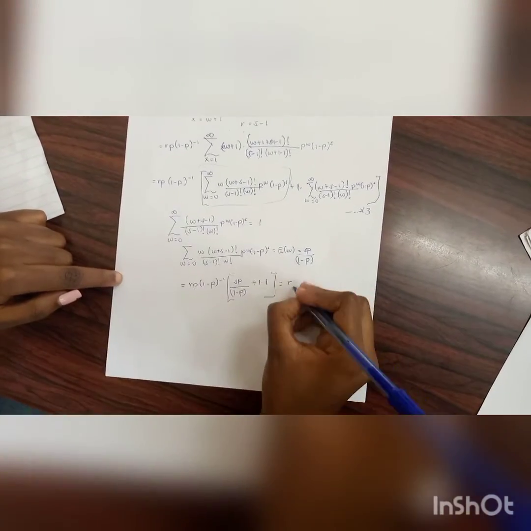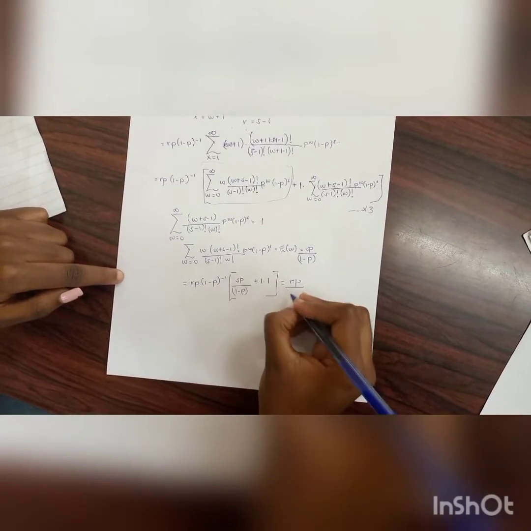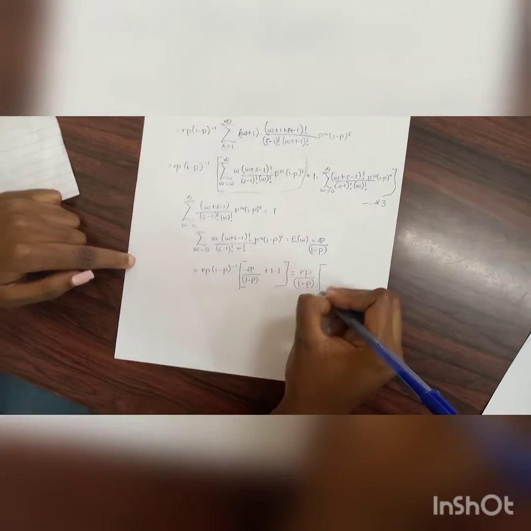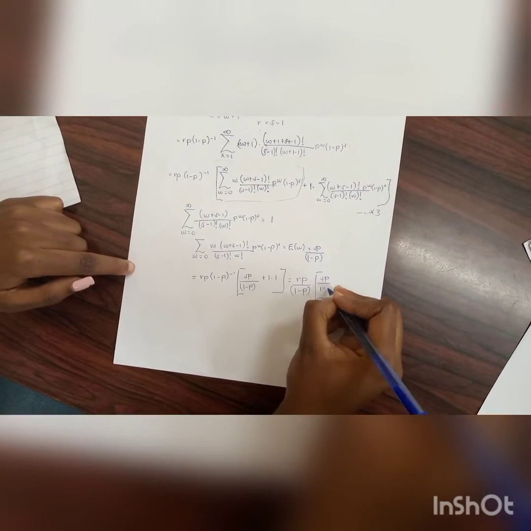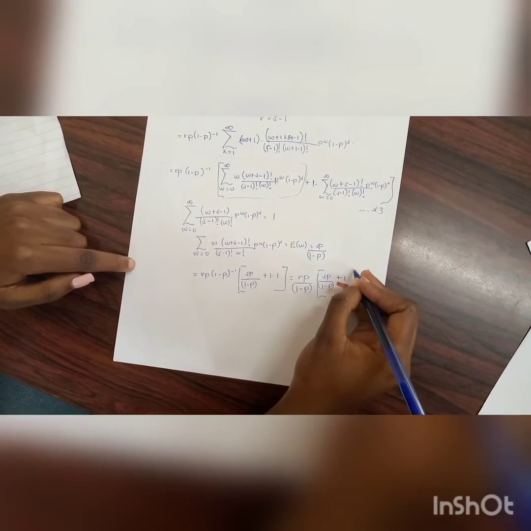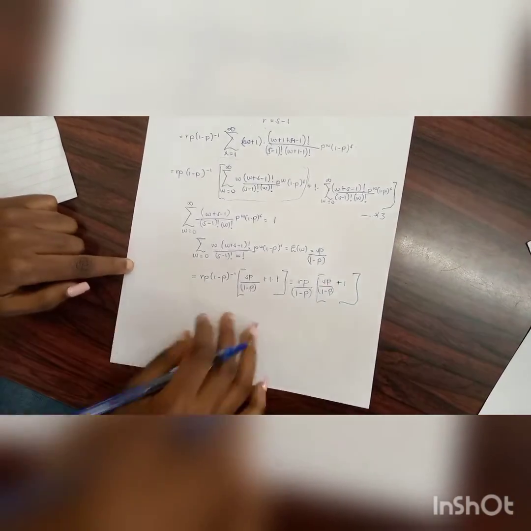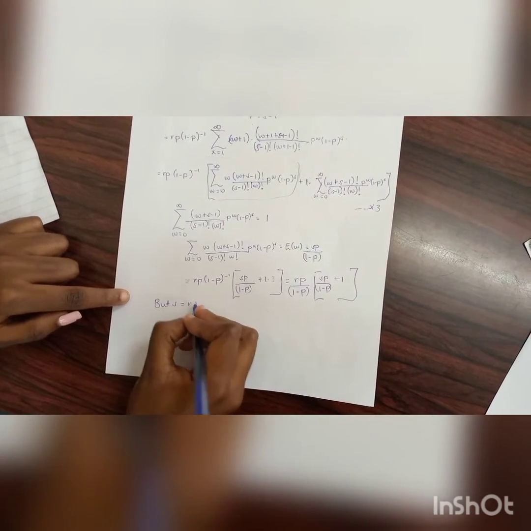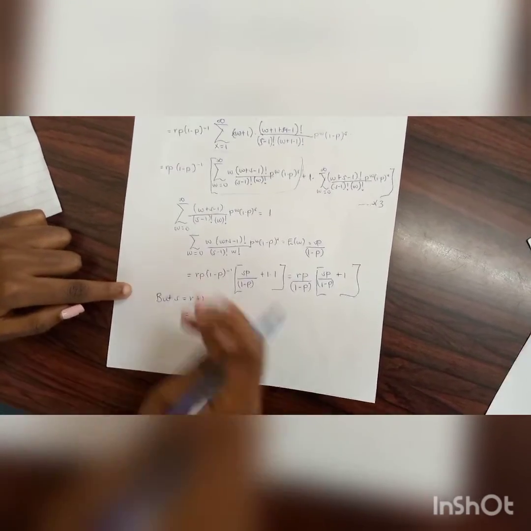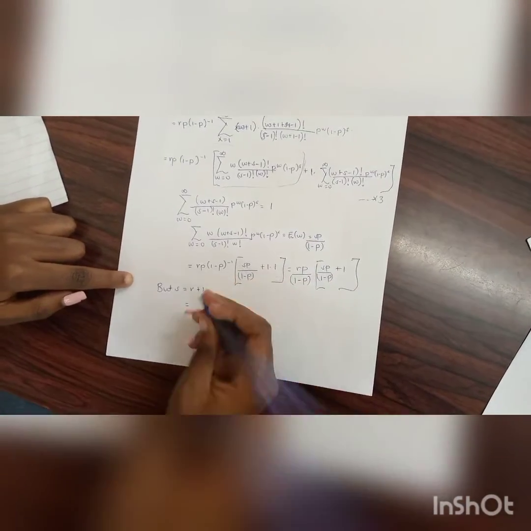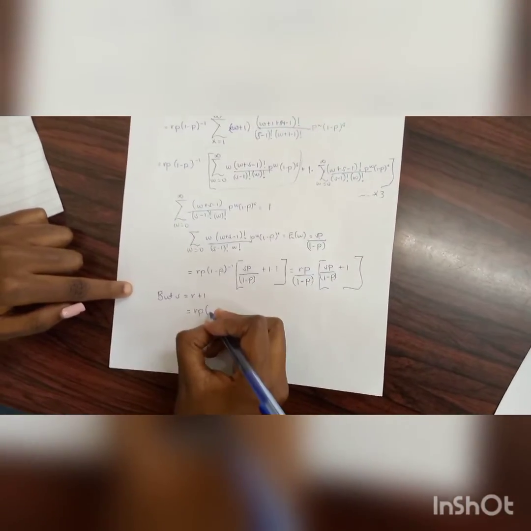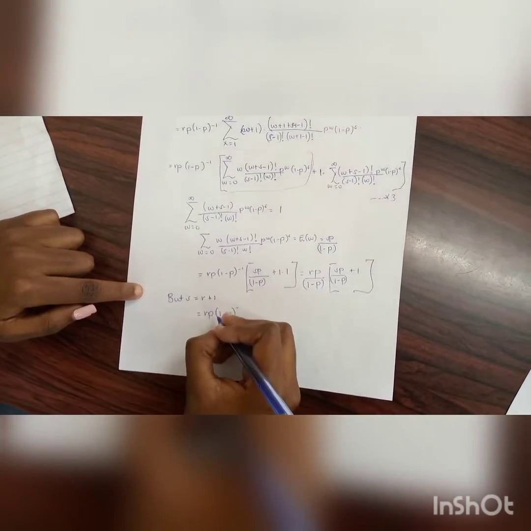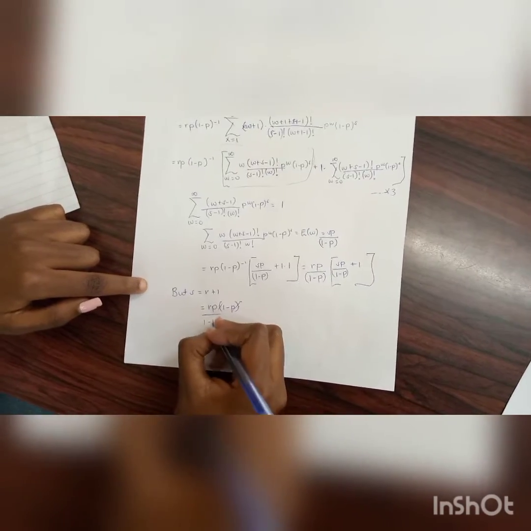If we simplify this, which is rp over (1 minus p), the negative power is a denominator, into sp over 1 minus p plus 1. So we know that s is equal to r plus 1. So wherever we shall find s, we shall substitute it with r plus 1. So we have this, we had already simplified, which is 1 minus p.